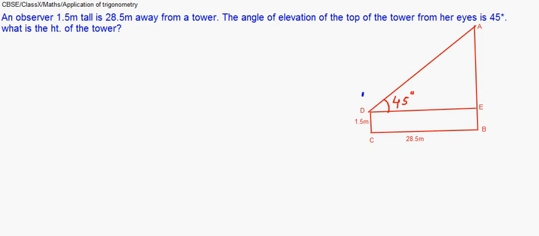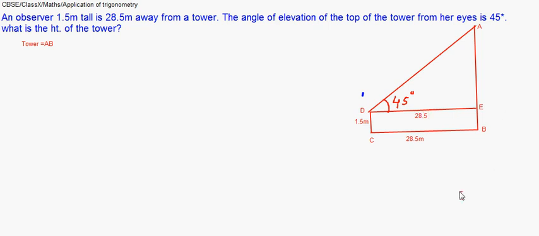Now which is our complete height of the tower? The height of the tower is complete AB, because I have assumed the tower to be AB. We will be finding AB then. Now if BC is 28.5, of course DE will also be 28.5.